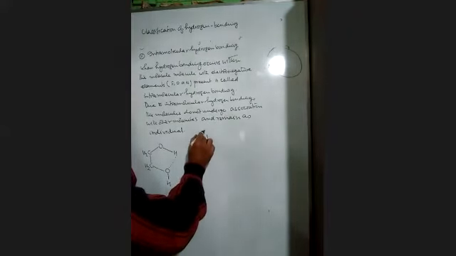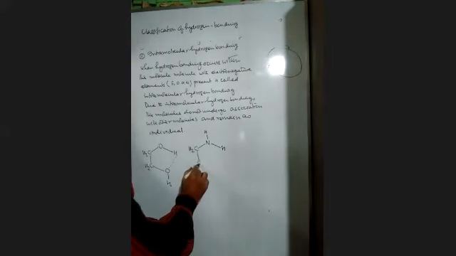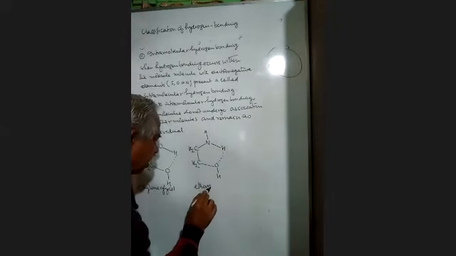Okay. Example, say I have taken this. See here, this is ethylene glycol or ethane 1,2-diol. See, the bonding has taken place within the same molecule. Then see, this is ethanolamine.